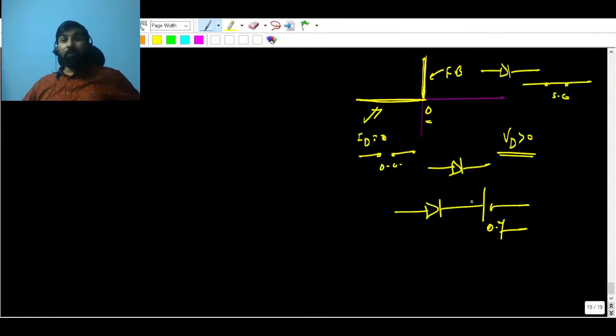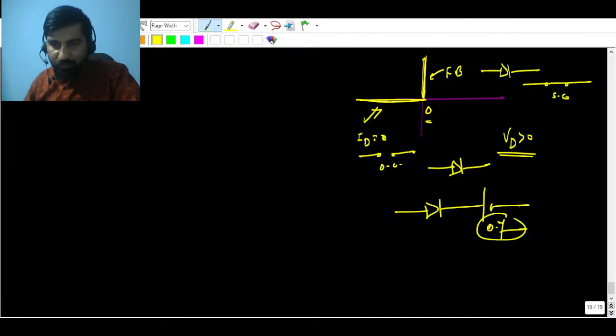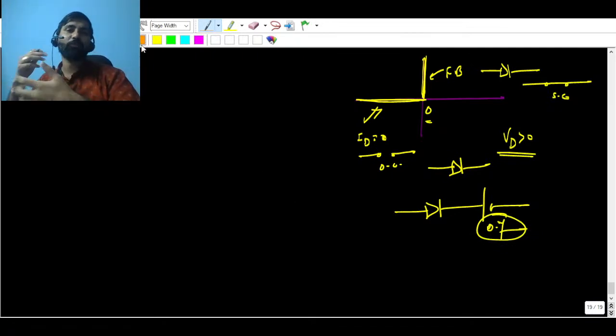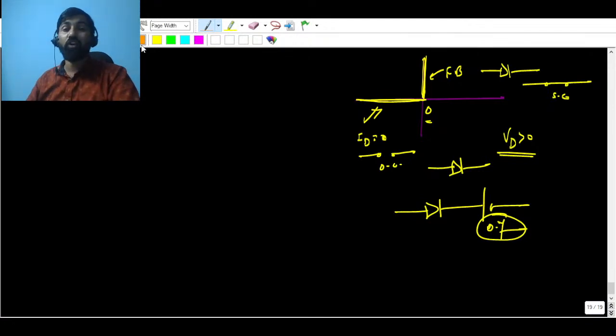That's it. But since you are trying to find the small signal gain, your gain will not depend upon this 0.7. This 0.7 will not affect your gain. Your gain will depend upon the ratio of resistances only, as we have already done in the case of BJT or MOSFET.